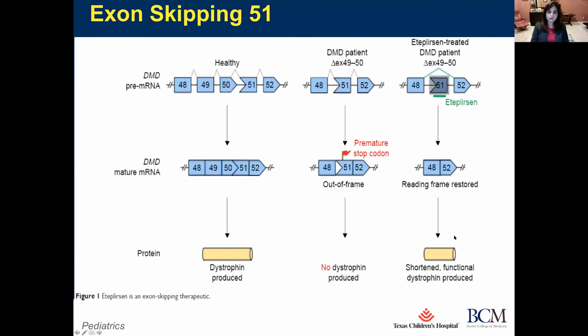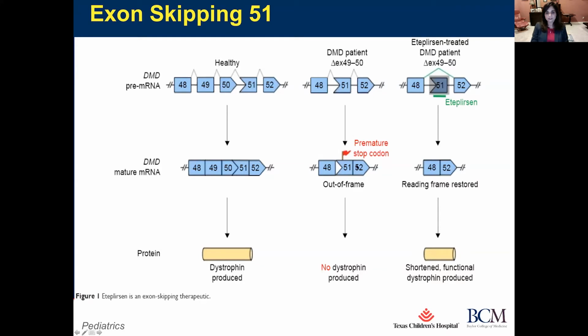This is another way to describe it. This is a healthy patient who has the normal genetic component for dystrophin protein, and they can make normal dystrophin. And this is a patient who is missing exon 49 to 50. And you can see that 48 cannot fit to 51.